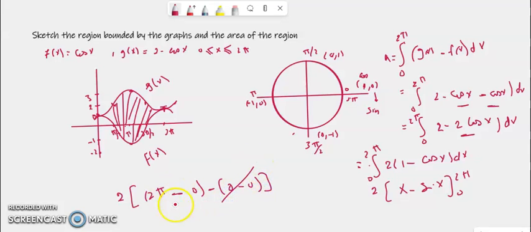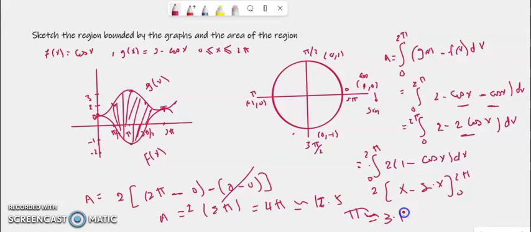So this all cancels out, so the area is 2 times 2 pi, which equals 4 pi, which is almost 12.5, since pi is equal to 3.14. And there you go. That's your area. There you have it.